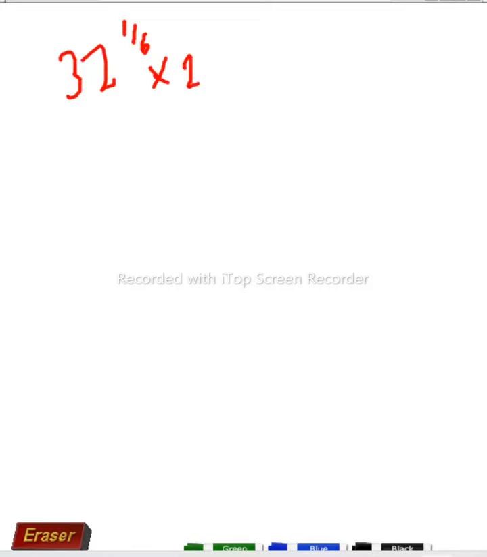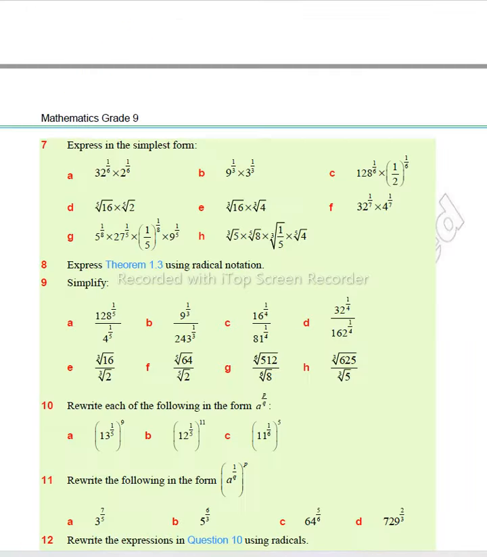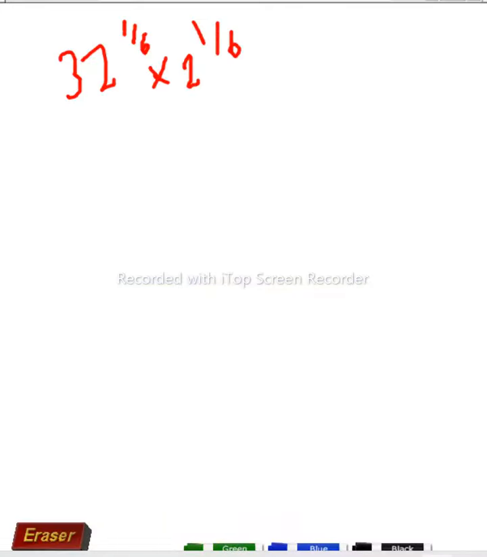I think the question is like that. The first thing we do here, as we saw before, is note that we have the common exponent 1 over 6 for both 32 and 2. We write 32 times 2.